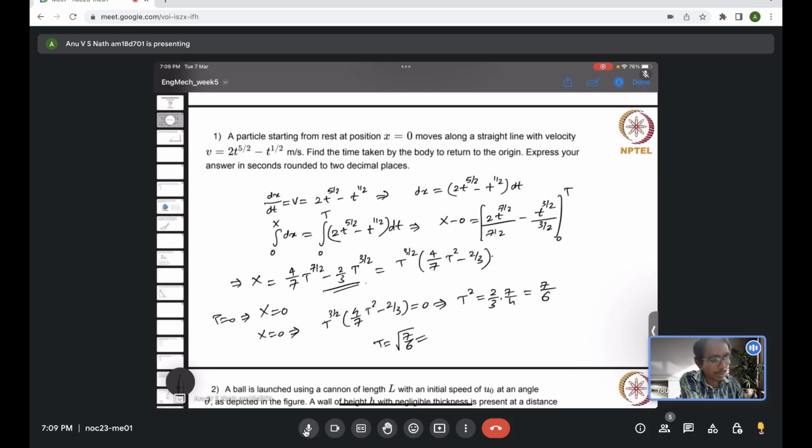So if you evaluate that, this value will be around 1.08, I think, seconds. So this is the time after which the particle returned back to the origin. Is this clear? Any doubt?